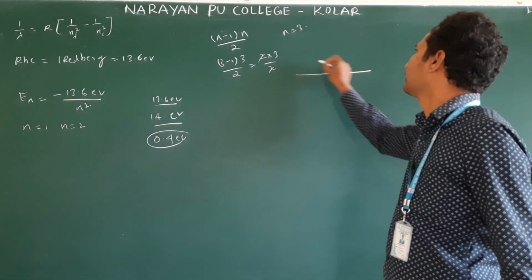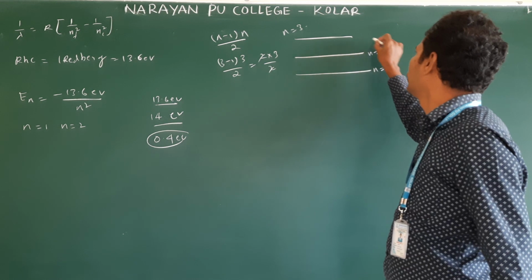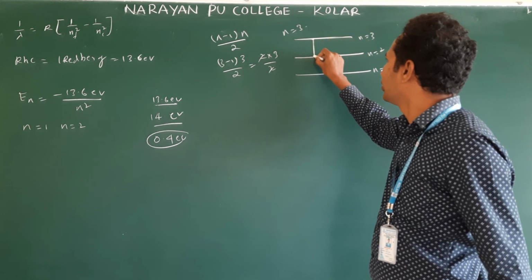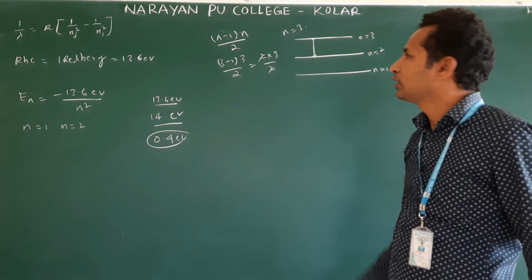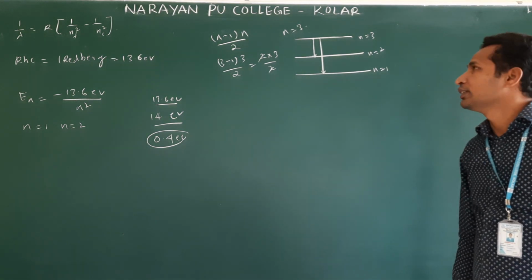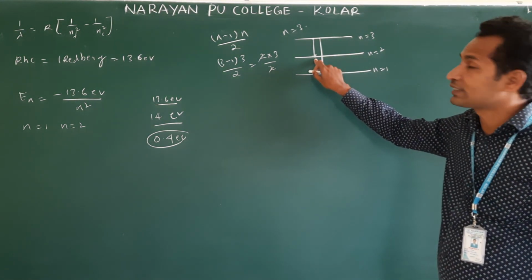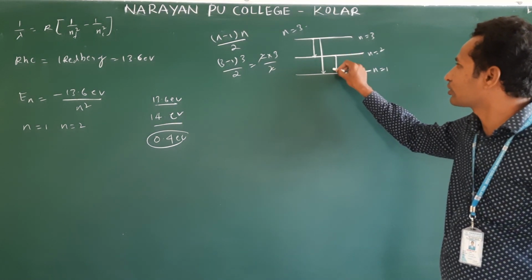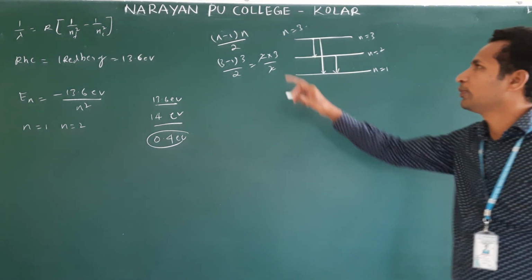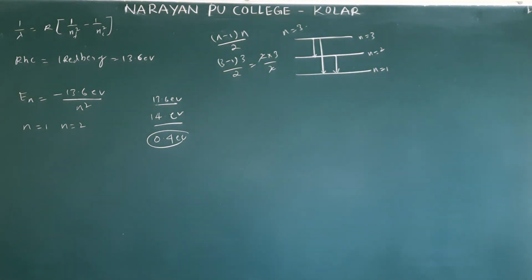See, check: 1, 2, 3. The electron may jump to the second state first, or jump directly to the ground state. If it was in the second state, it can then jump to the first. Total how many possible? 3. So remember this formula, n minus 1 into n by 2. Clear?